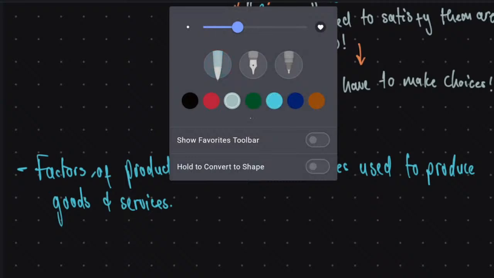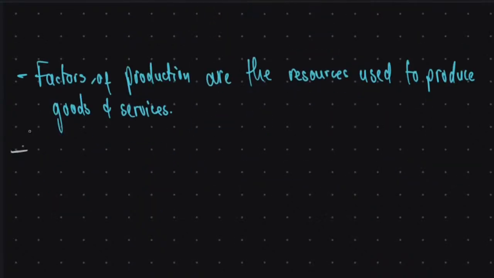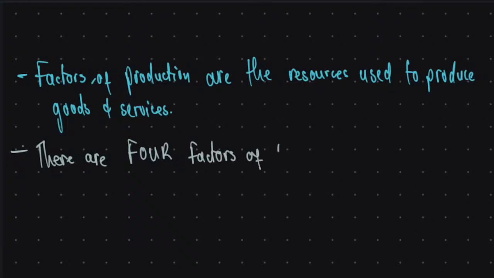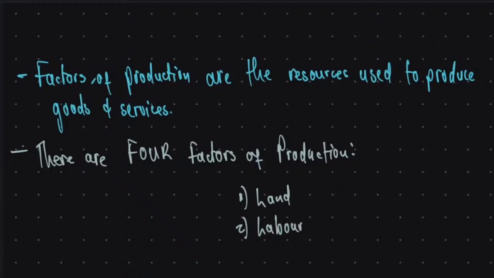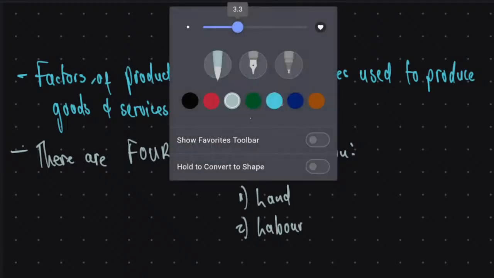Are we together? I want you to write with me very fast. There are 4 factors of production. Number 1, land. Number 2, labor. These are the resources we use to produce goods and services.